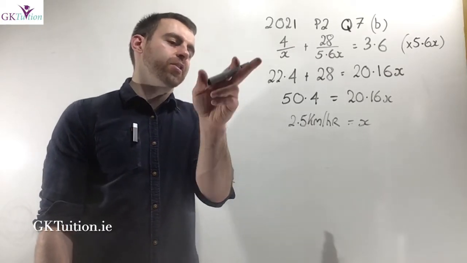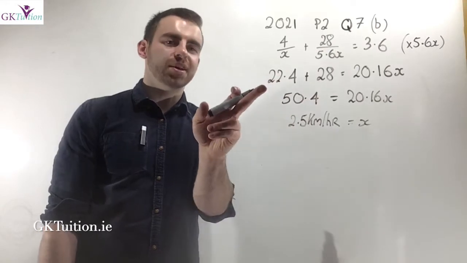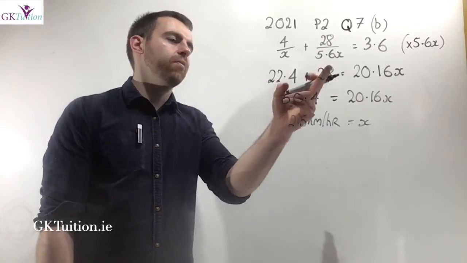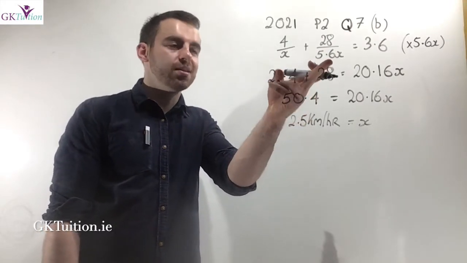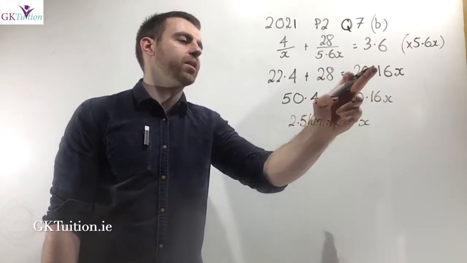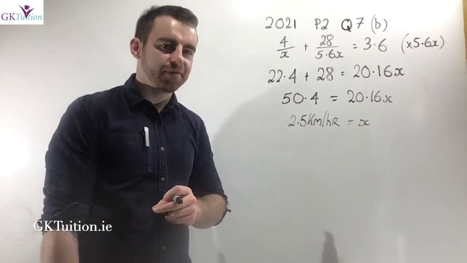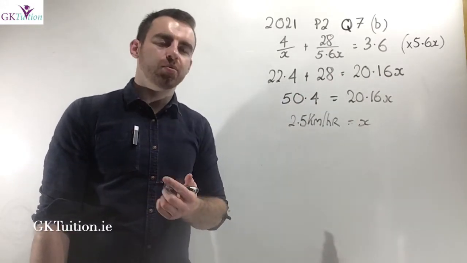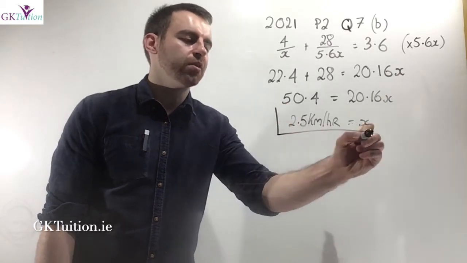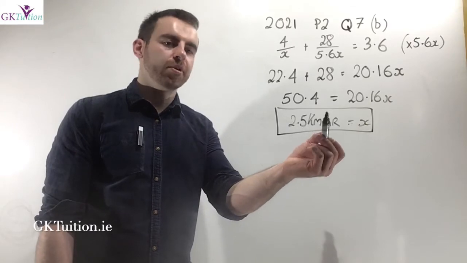On the first term, essentially the x and the x cancel, and it's just 4 by 5.6, which is 22.4. If I multiply the second term by its denominator, I'm just left with 28. And 3.6 by 5.6x is 20.16x. We just add up the terms on the left, divide both sides by 20.16, we end up with the final answer. The speed with which Mary can swim is 2.5 kilometers per hour.